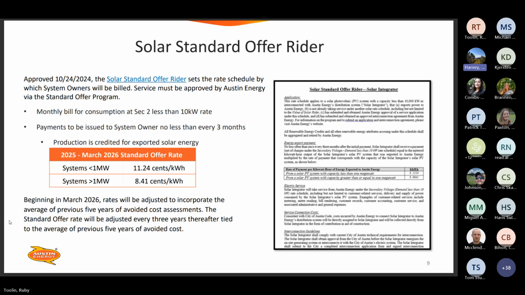As we continue to do that backward-looking analysis based on known and measurables, where we're lining up the actual production of these systems to ERCOT market pricing and ancillary service markets, as well as transmission, we do that annual assessment. The current value is based on 21, 22, and 23. So when we adjust in 2026, that value will be based on 21, 22, 23, 24, and 25.